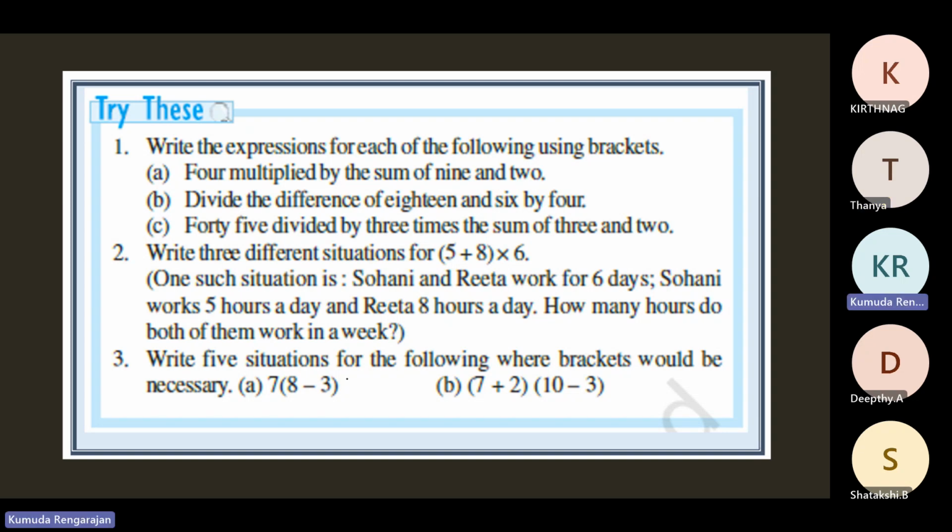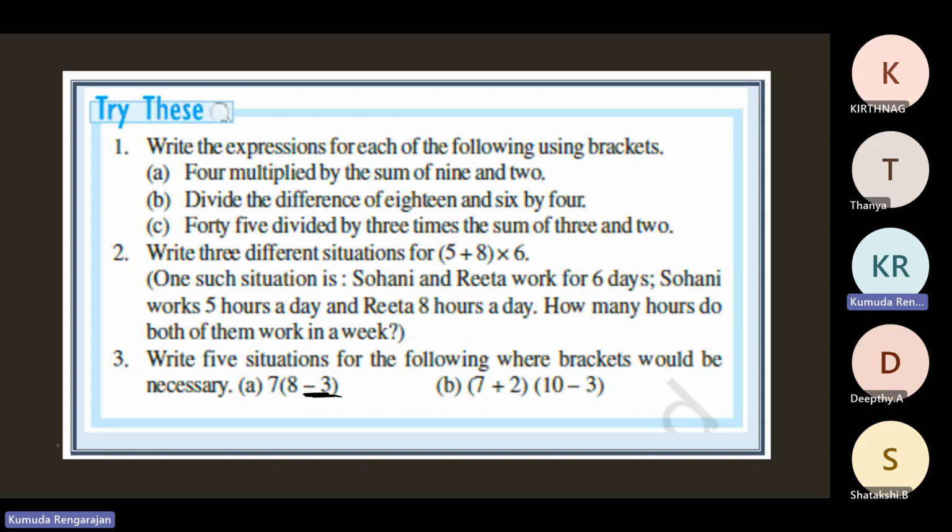He spends 3, darling. See here, minus 3. He spends 3 rupees, ma'am. So he has 5 rupees, ma'am. So how much money will he have in 7 days, ma'am? Very good, Tanya. Perfect.